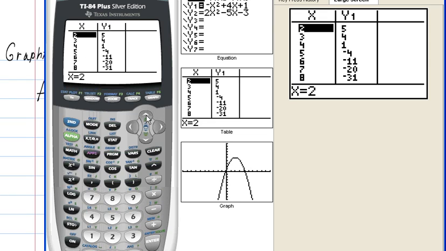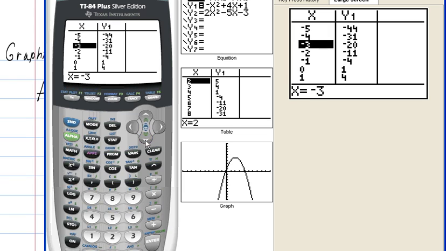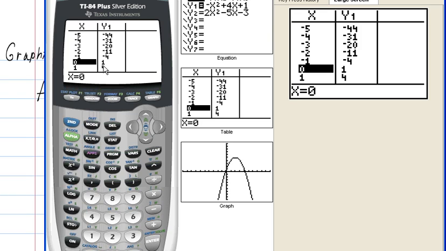Now I can go up and down this list. I can go backwards and see what happens to the left. I can go down, see what happens to the right. But you will notice right there you get your y-intercept, 0, 1. So that ordered pair is from my list of values on my table.